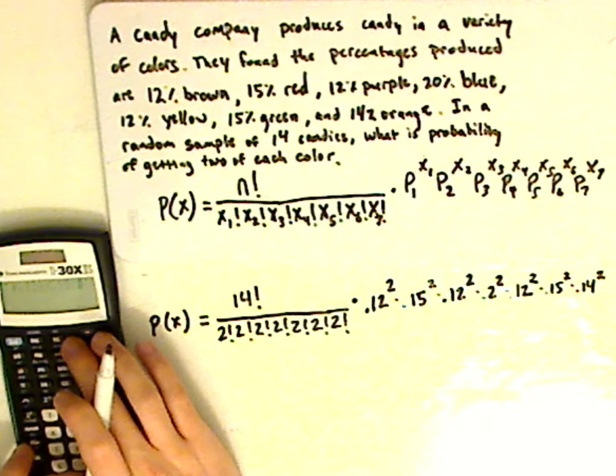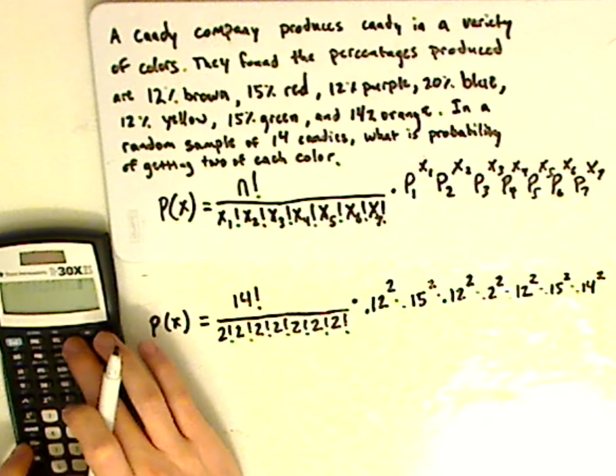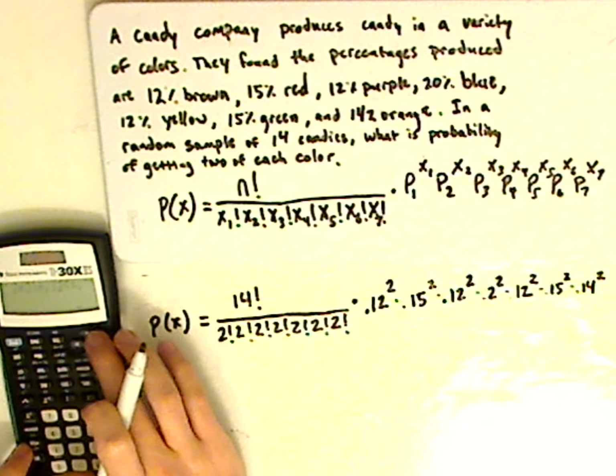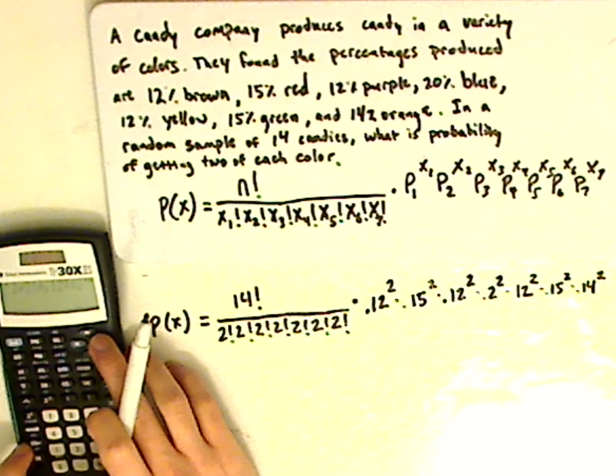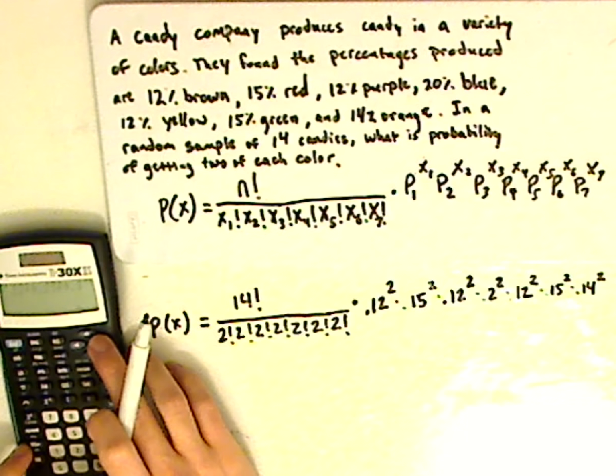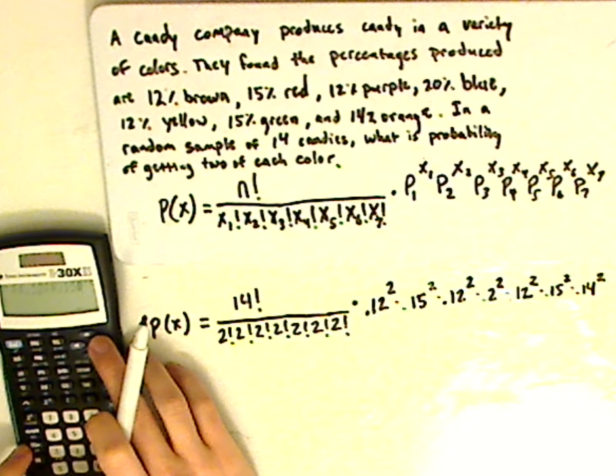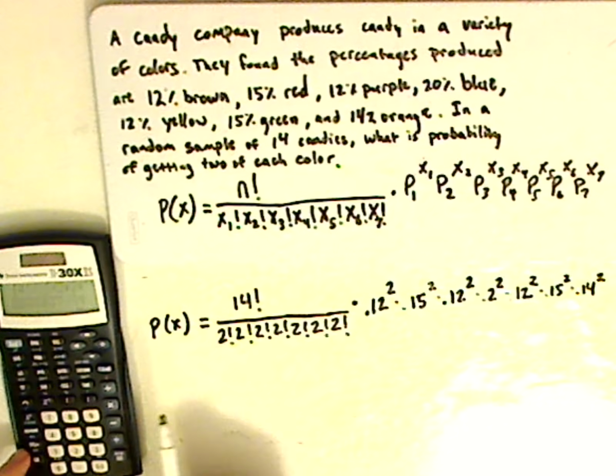Now let me read it back, because I think I was mispronouncing some of them. So from this part on, 0.12 squared, got it, times 0.15 squared, got it, 0.12 squared, got it, 0.2 squared, got it, times 0.12 squared, got it, times 0.15 squared, got it, times 0.14 squared. Enter.